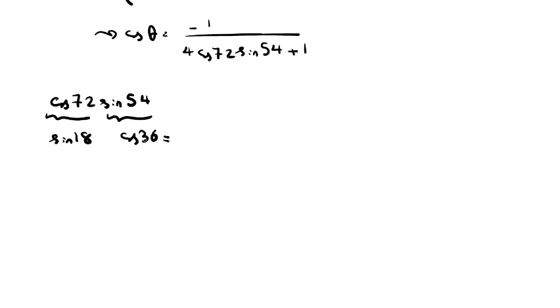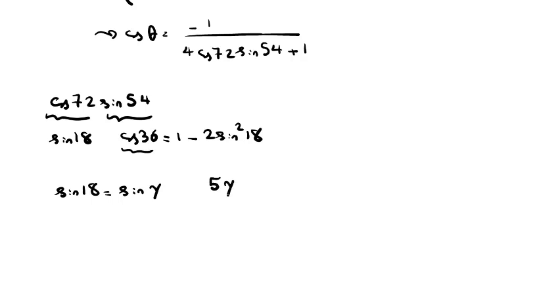So cos 36 equals, let's say, because we want to write in terms of this, 1 minus 2 sine squared 18 degrees. Now we consider, for example, sine 18 equals sine, for example, gamma.